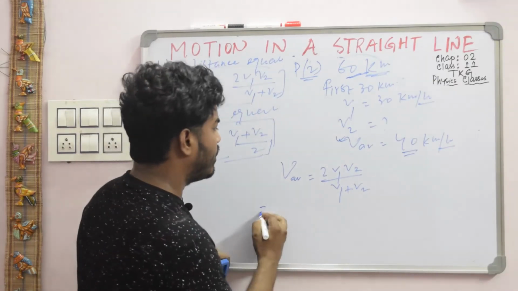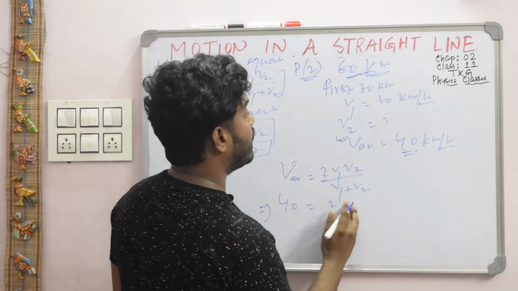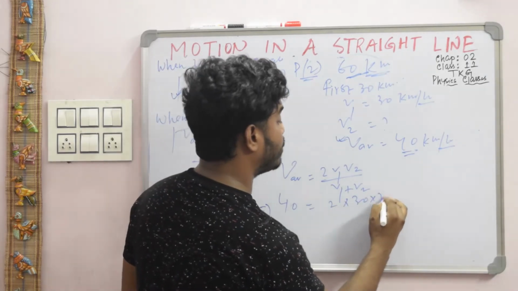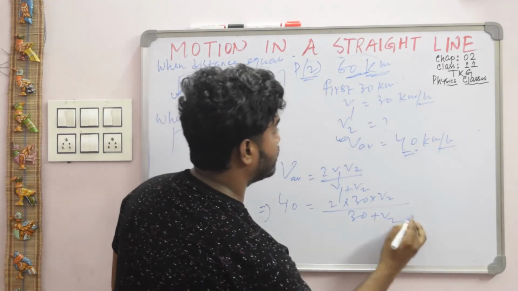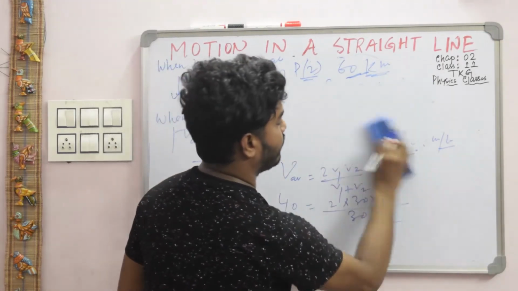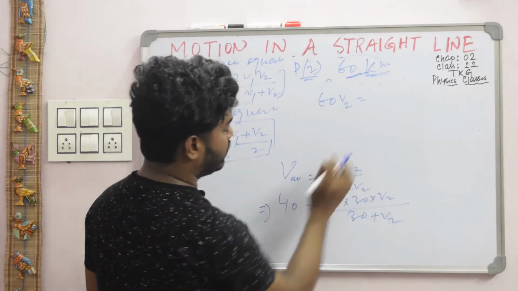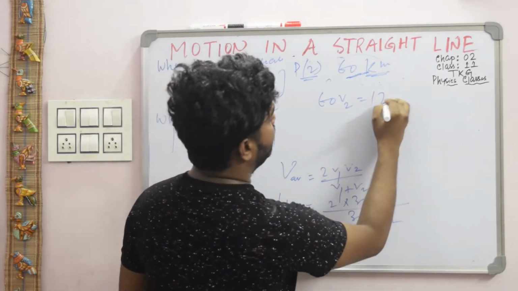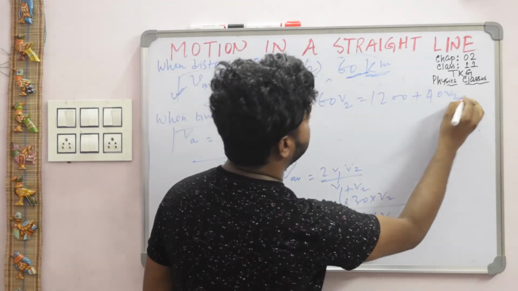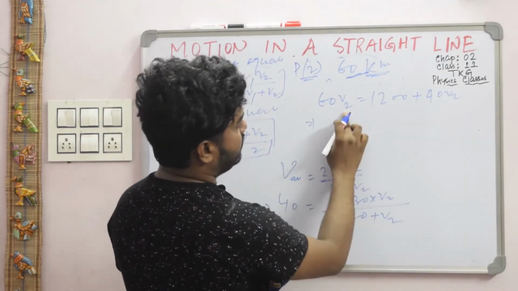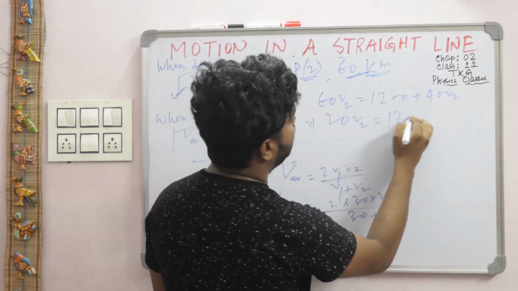Just putting in the values, V average given here is 40, 2 V1 given that is 30, V2 we have to find out, V1 given that is 30 plus V2. Now cross multiply, that is 60 V2 is equal to 40 into 30, 1200, plus 40 into V2, that is 40 V2. 60 V2 minus 40 V2, that is 20 V2, is equal to 1200.